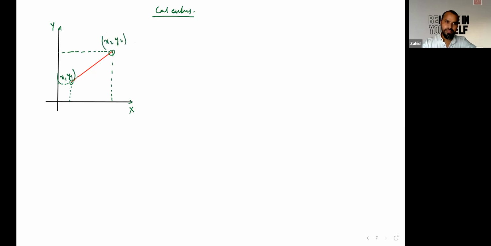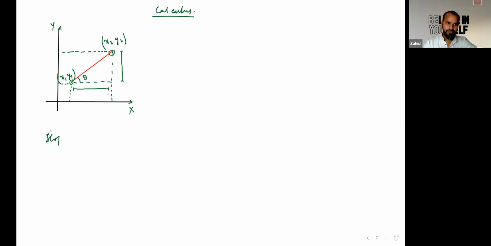Slope is the ratio of perpendicular over base, or simply tan theta of that particular line. So just extend this line to this point. This will define theta. This would be your perpendicular and this would be your base.